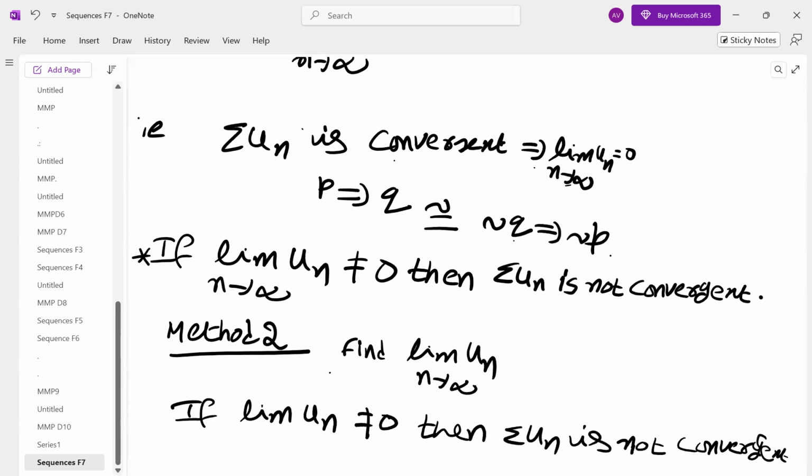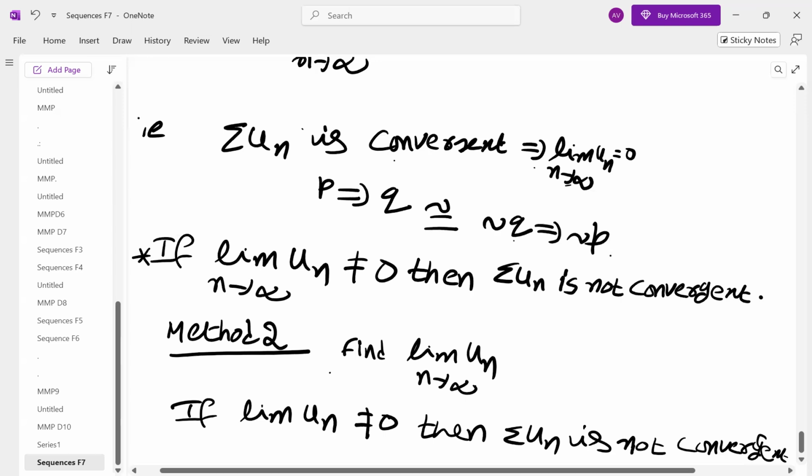Majority of the students conclude divergent because they think not convergent means divergent. If a student has not passed, it does not mean failed. There might have been malpractice or withheld result, anything. Not passed does not mean failed. May come under any one of the other options.